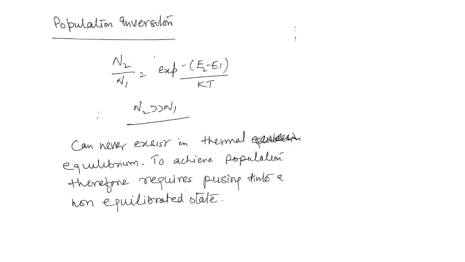Why is this termed population inversion? Because this is not a natural condition. Naturally, the population of the higher state is less than the population of the lower state. But in this case, we have reversed the situation. Normally, you can write the value of N1 as an exponential of minus E1 over KT.